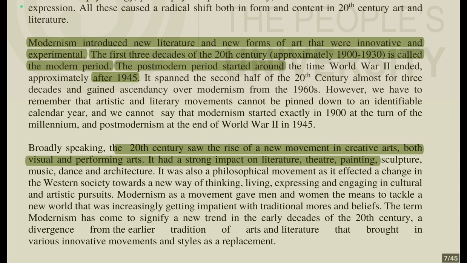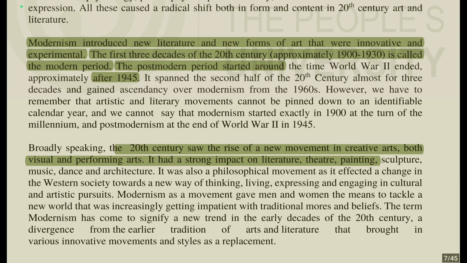However, later on it says that literary movements are not something that suddenly started exactly in 1900 and then suddenly ended in 1930. They start developing slowly over time. So we're saying that the modern period started during the 1900s, but that is not the case. The modern period must have started around the 1850s or even 1840s and slowly developed over time.